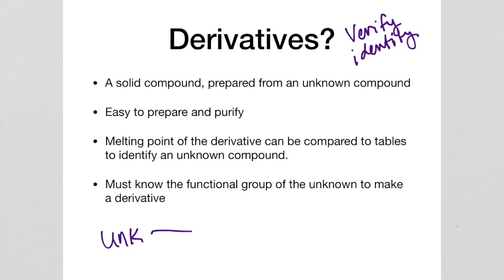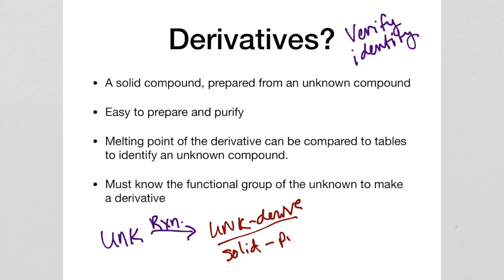And you're going to run a reasonably simple chemical reaction on it that's going to make a derivative of it. It's going to slightly change the functional group. And when you change that functional group, what you're going to get out of this derivative is a solid, which is going to be reasonably easy to purify.